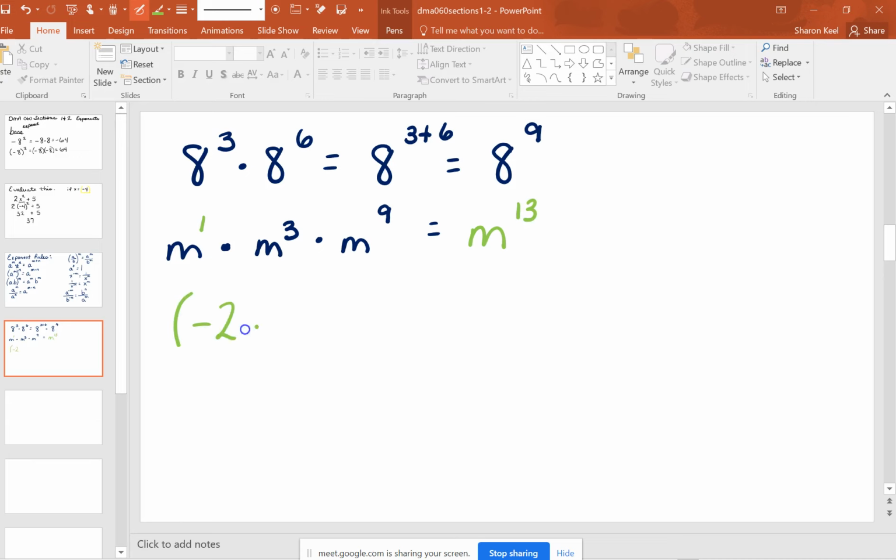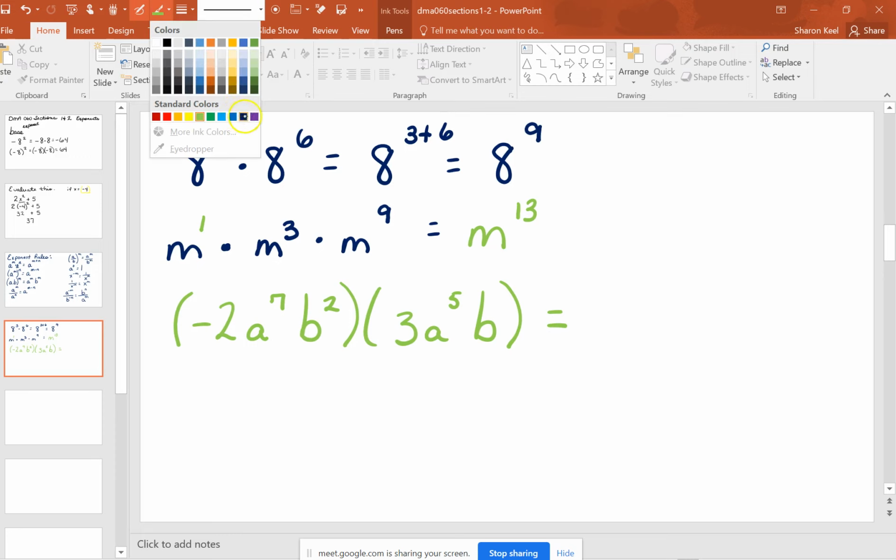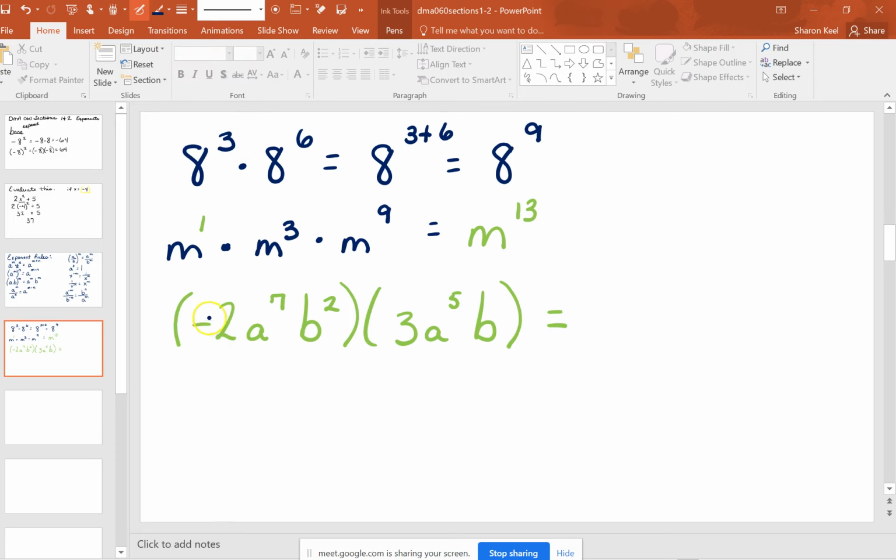Okay, now let's look at this one. So in this scenario, what we're first looking at is we have -2 times 3. Notice there's nothing outside the parentheses. So this is just simply multiplication.